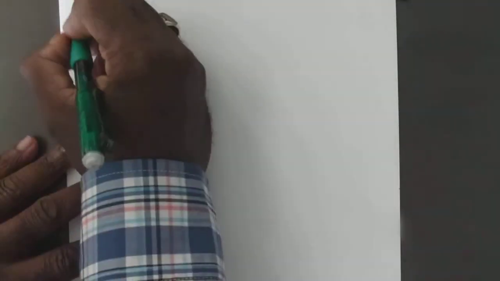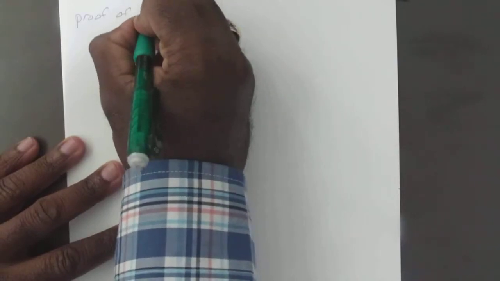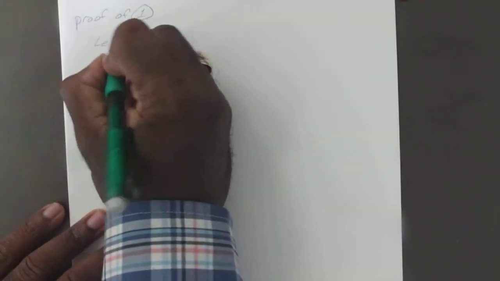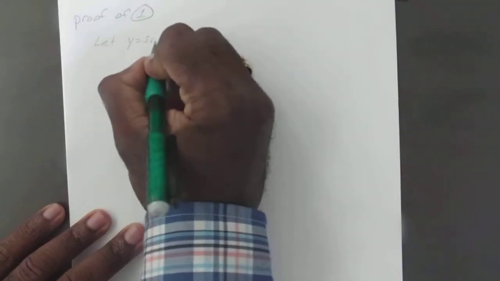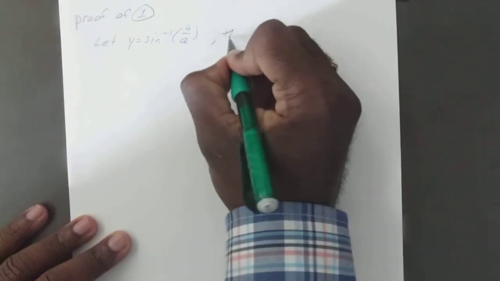All right. So we'll start off by proving the first one. Some of you may remember this from trig. Let's say we let y equal sine inverse of u over a. Then if we apply sine to both sides, the sine and the sine inverse cancel out.